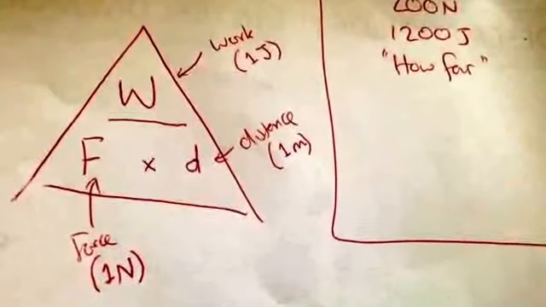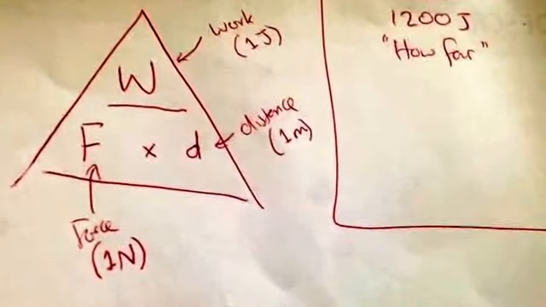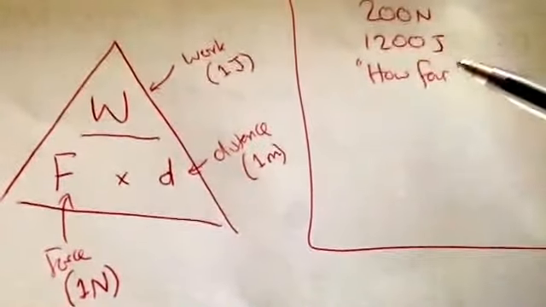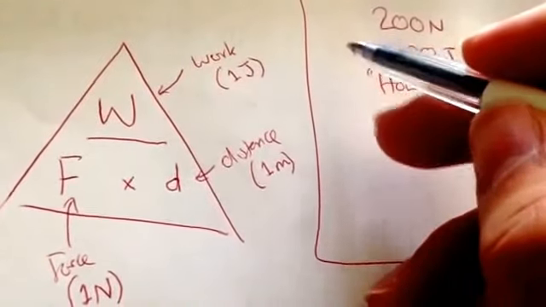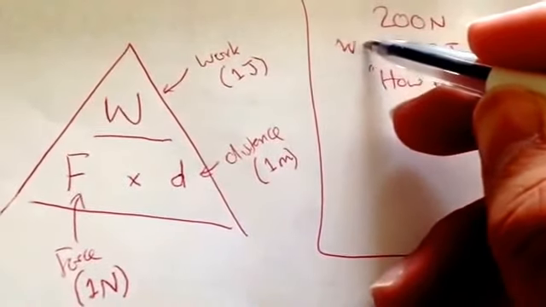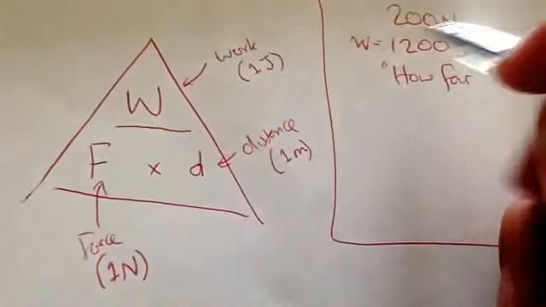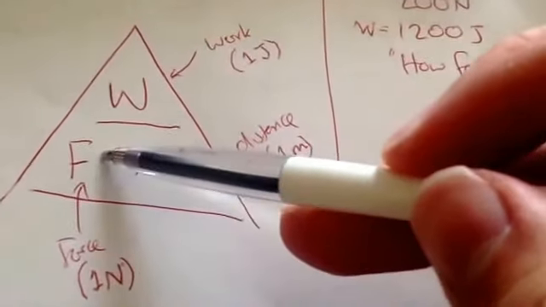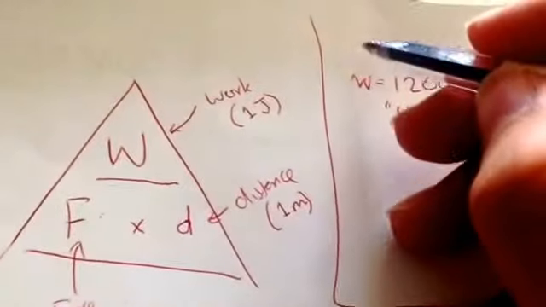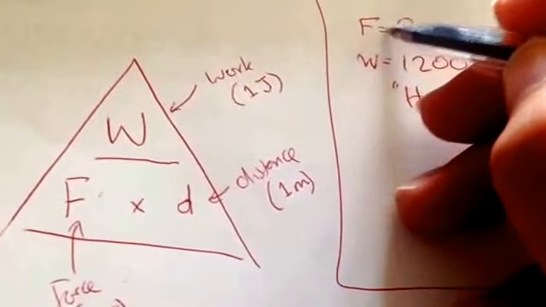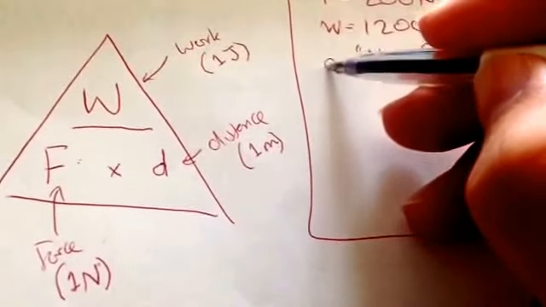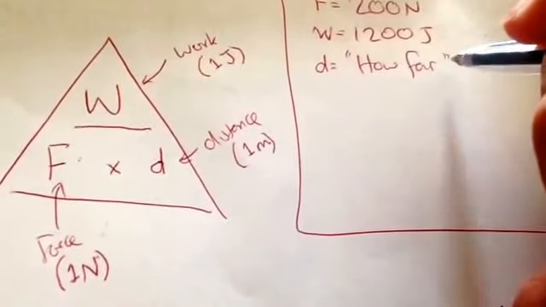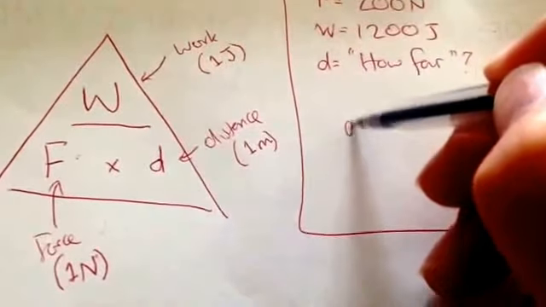Now as you can see, for work done the units are joules, so joules must be work. For newtons we must be talking about force. And how far, the question is asking about distance. Okay, so we want to find distance.